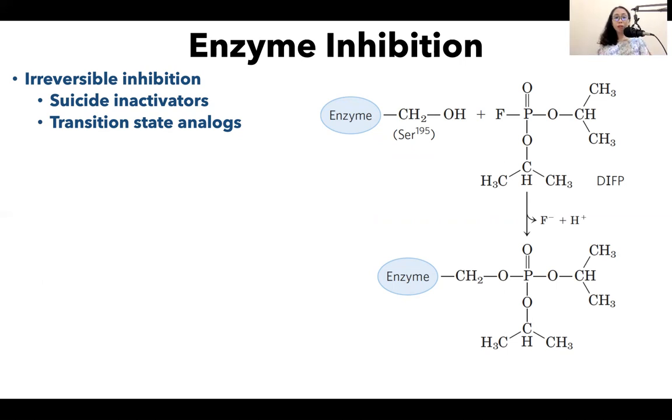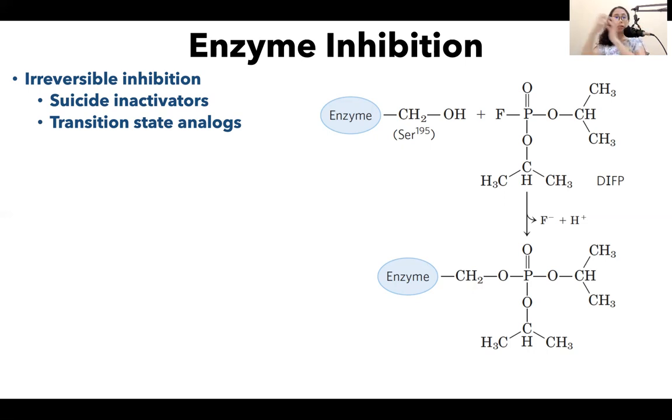We also have what we call transition state analogs, which are molecules that mimic the transition state. If you remember, the transition state is an imaginary state of the active site of the enzyme and the substrate. It's described by partially broken and partially formed bonds.